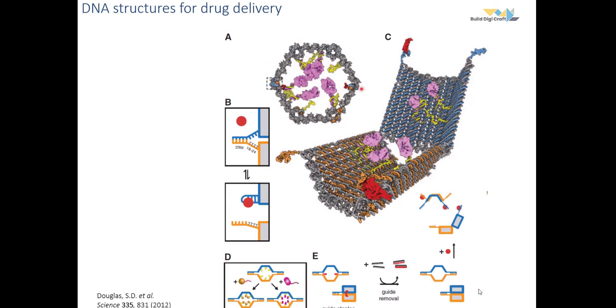It's a barrel-like DNA origami construct, which is loaded inside with antibodies. And then it's also locked together with molecular locks, which can react and open only when they find cells of a specific type.